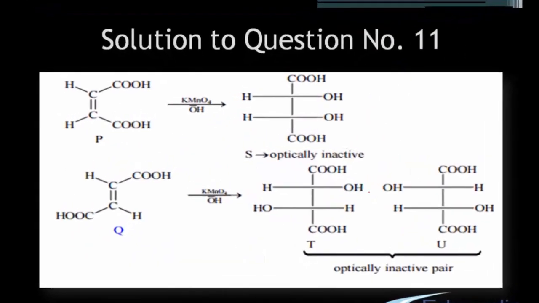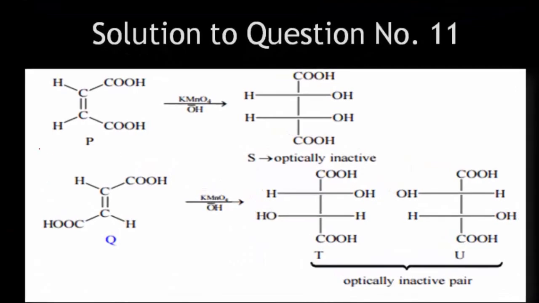So let us look at the question again. So this was our P, which I have explained to you why this is the cis form, and if we carry out dihydroxylation using cold dilute alkaline KMnO4, what we'll get is a meso structure. Why will we get a meso structure? Because we all know that cis compounds on syn addition give meso.